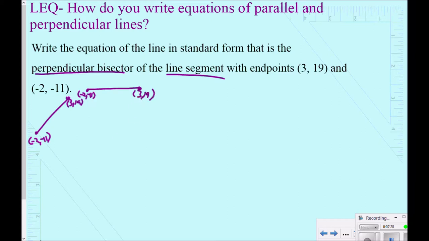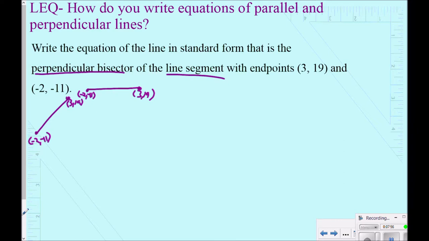So now that I have that line segment, I need to remember what perpendicular bisector means. Well, we remember perpendicular because we already talked about that a moment ago. We know that if we have a line that's perpendicular to this line segment, it's going to be intersecting the line segment to form 90-degree angles. But it's not only just perpendicular, it's also a bisector. So the term bisector, if you recall, means it's bisecting.